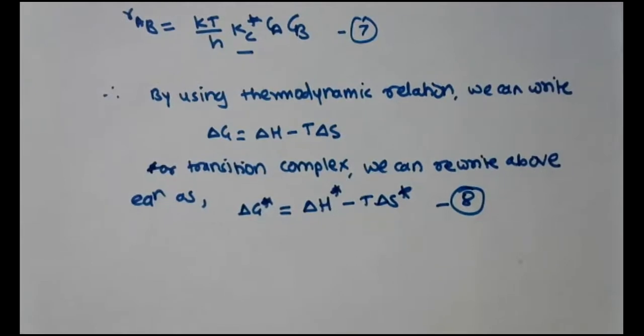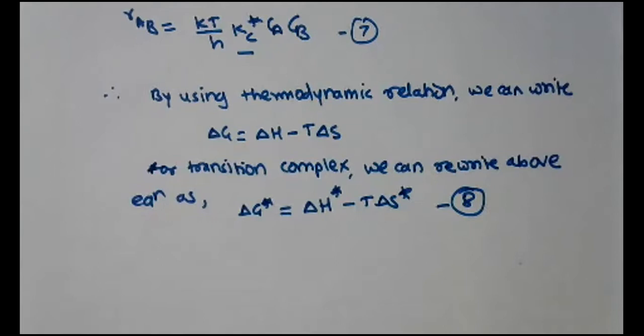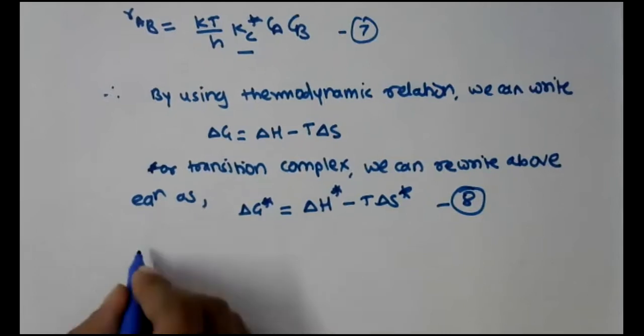Now again, it is possible to modify this equation. We also know one equation which relates the free energy change with equilibrium constant, and that is known as Van 't Hoff's isotherm.